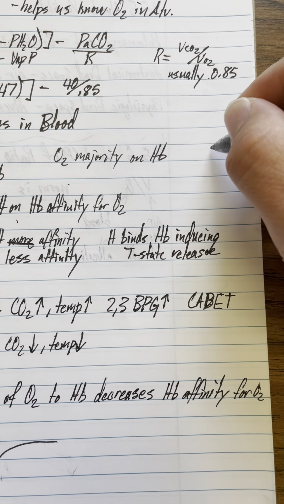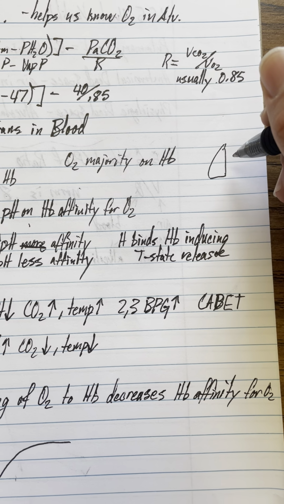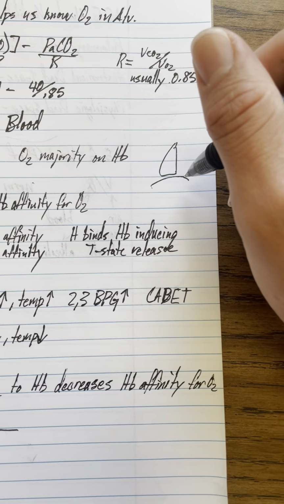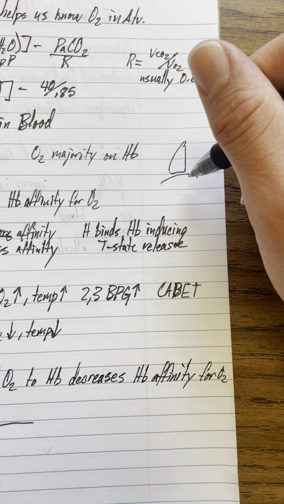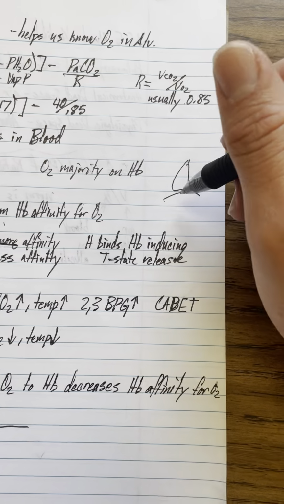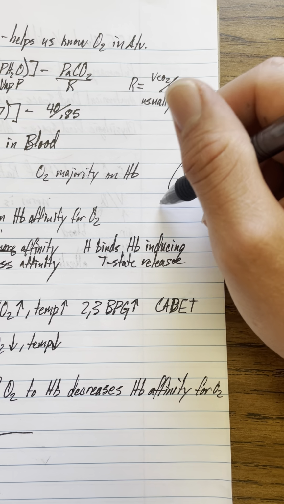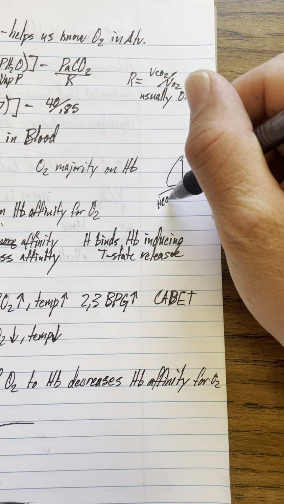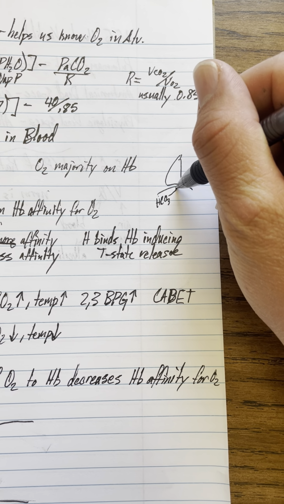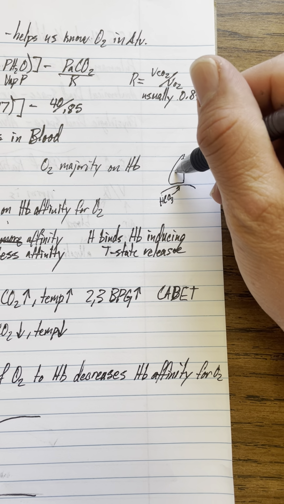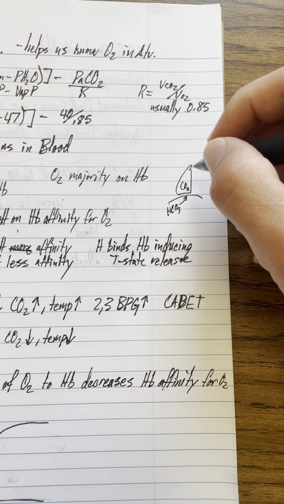So if we're in the lungs, and you have a bloodstream here, right? We're going to have a bunch of bicarbonate flowing through the blood, transferring our CO2, and then once it hits the lungs, it's going to transfer into there and convert back to CO2.